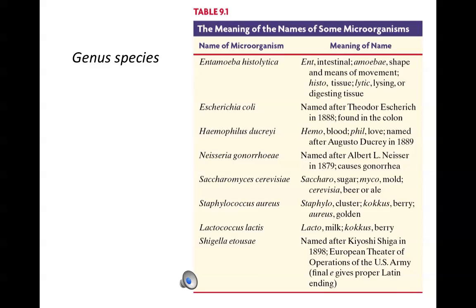If we're writing this to describe a unique species, we need to italicize both words. And you can see on the table on the slide some key examples of how names for different organisms include some types of descriptors, either the name of the individual who discovered it or some kind of growth characteristic of the particular organism that's unique to that organism.